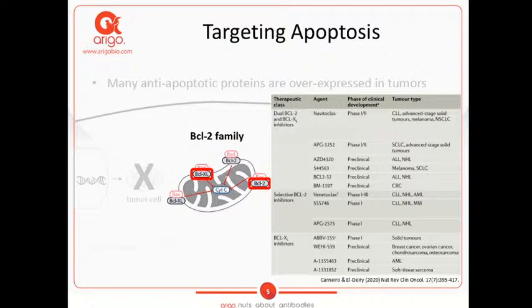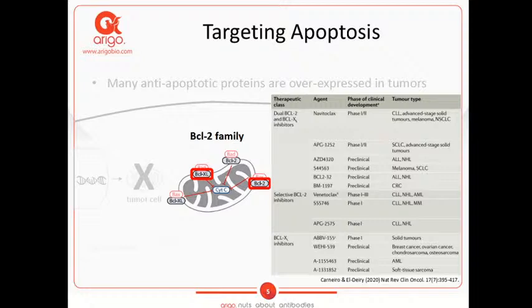So the strategy for the malfunction of the BCL2 family is to develop inhibitors of the anti-apoptotic proteins. Here is an update on developing inhibitors. You can see this one is a dual inhibitor that inhibits both BCL2 and BCL-XL, and these three are BCL2 inhibitors. These four are BCL-XL inhibitors.